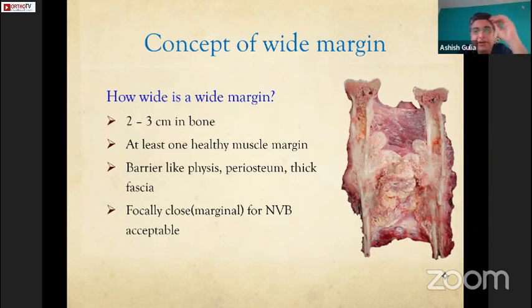Now, what we need to understand is that these concepts were given maybe 2 to 3 decades back, when our imaging was not that precise or accurate. Hence, we always used to say that a 3 centimeter or 4 centimeter margin in bony resection is going to be good.